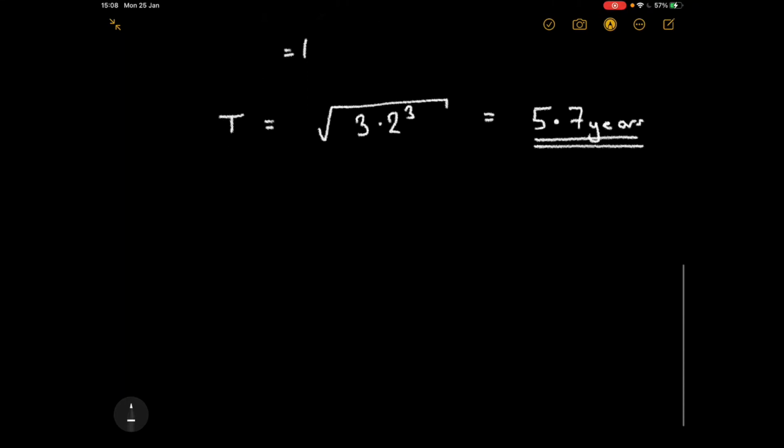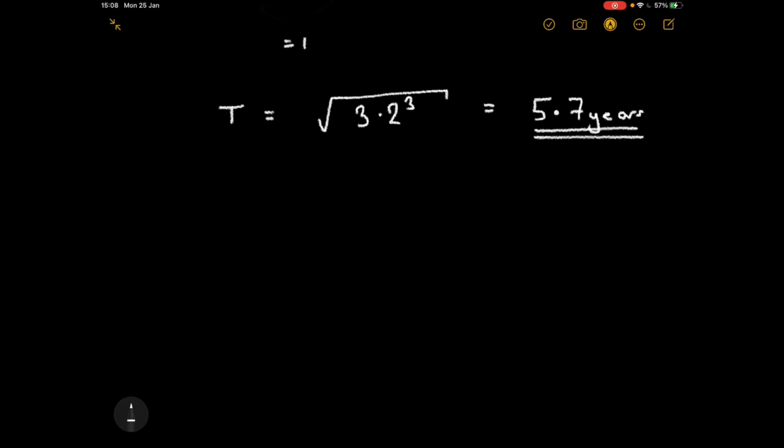Now, if we weren't given the distance in AU, we could also say T squared is equal to 4 pi squared over GM times r cubed.